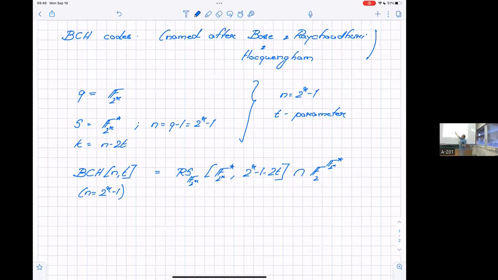There are two fields sitting here: a small field F2, which you can think of as 0, 1, and a large field F_{2^r}. These polynomials take value in the large field.